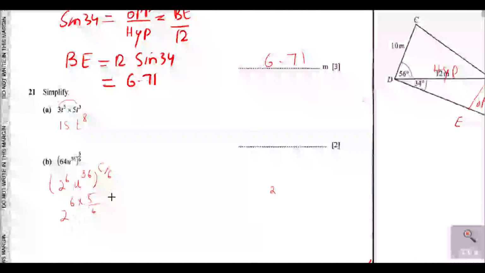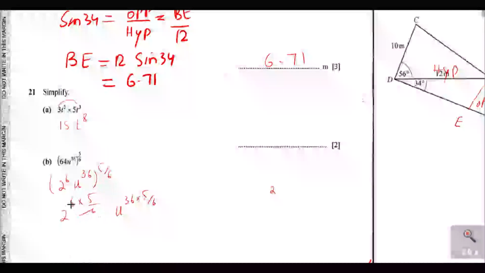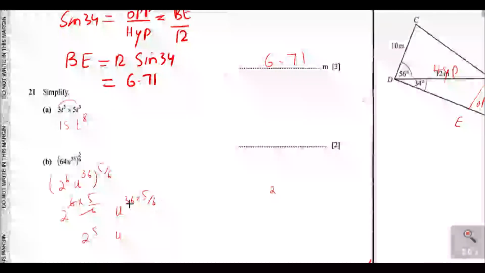Therefore, we write 6 into 5 over 6, and 36 into 5 over 6, and we get 2^5 into u^30. 36 divided by 6 is 6, 6 times 5 is 30, and 2^5 is 32, so 32u^30 is the answer of this expression.